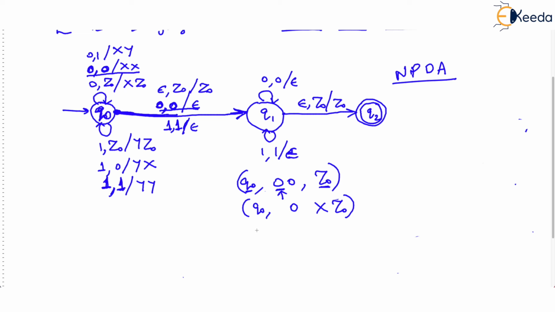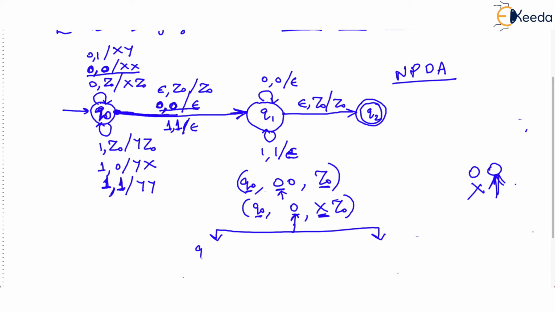Now the fun part starts. Q0 is reading a 0 and top is X. If top is X, that means just before this 0, a 0 was present. That means 0 is followed by 0. We are at this second 0 and top is X. So now PDA will assume two things: that center is reached or center is not reached.